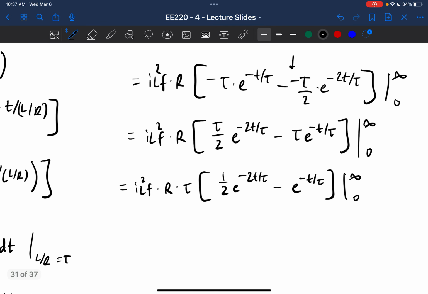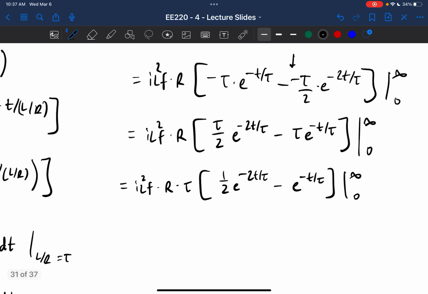Now I'll plug in the bounds. My bounds are 1/2 times e to the minus 2 times infinity, minus e to the minus infinity. Both of these terms are easily going to go to 0.